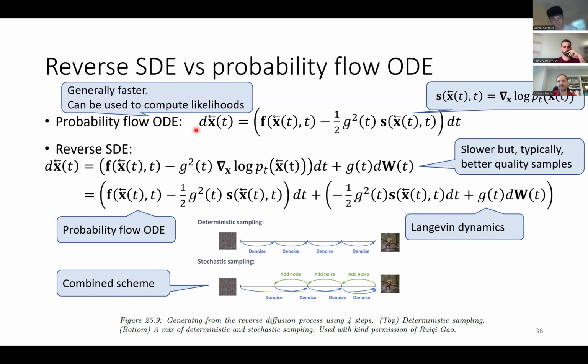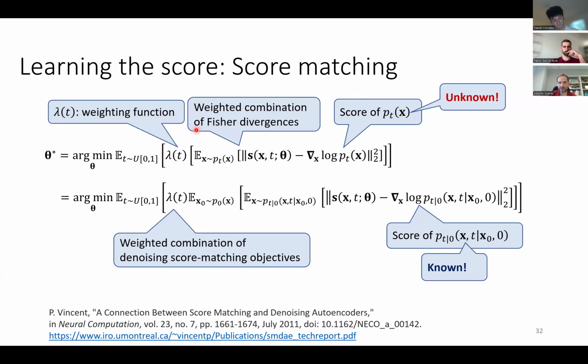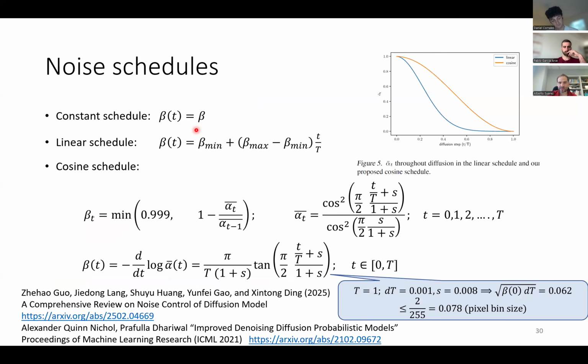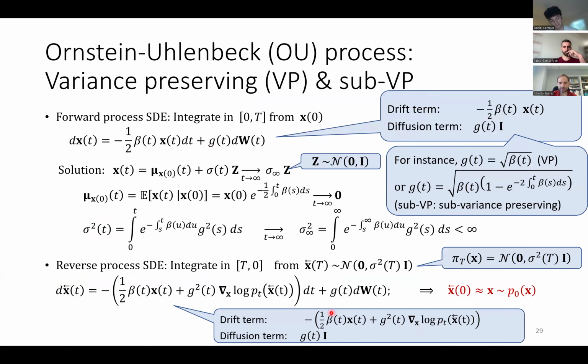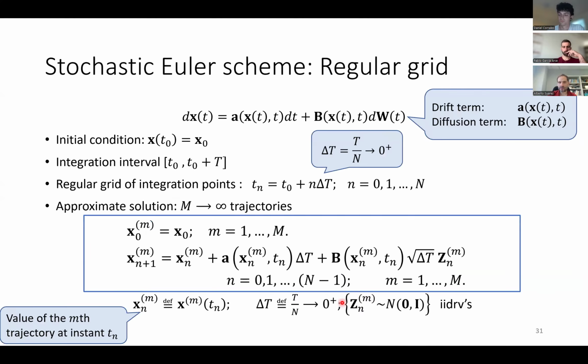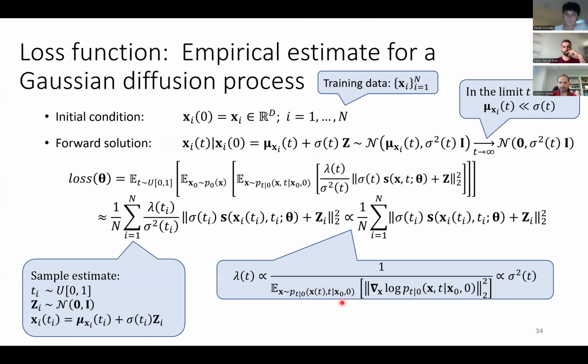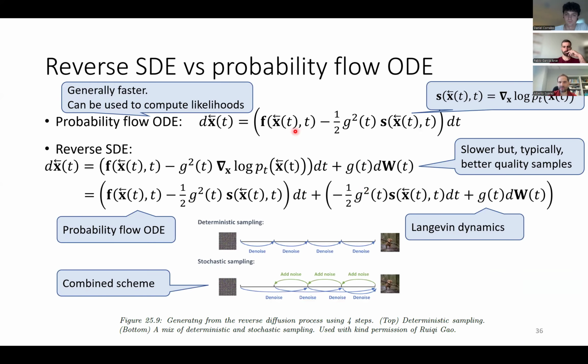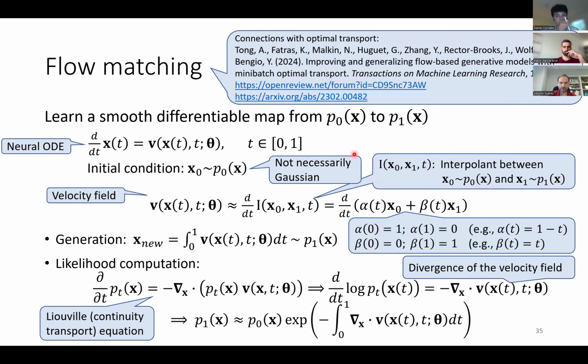The reverse SDE cannot be used to compute likelihoods because you're injecting noise. So these dynamics do not preserve likelihoods, whereas these dynamics, since they're deterministic, form an invertible continuous map that actually preserves probability, following a Liouville type of conservation equation.